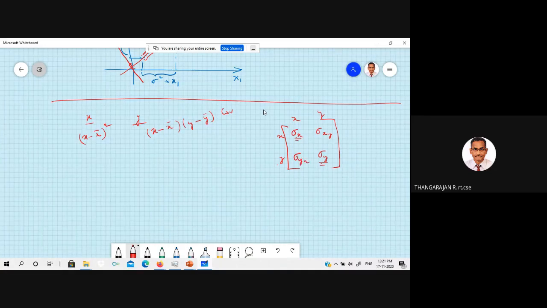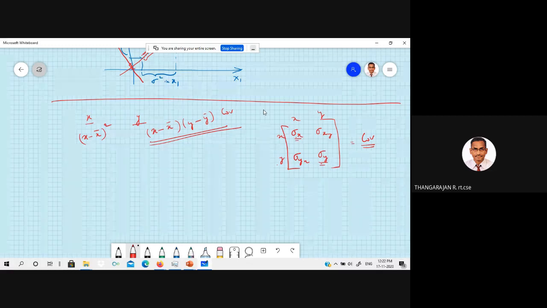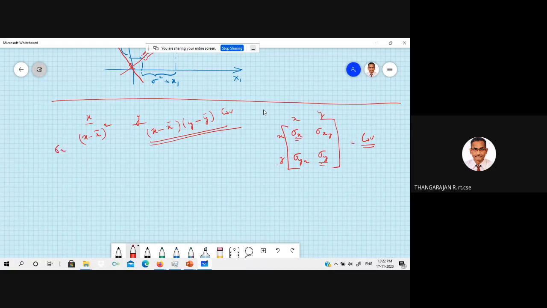So this is the covariance matrix. Finding the covariance is x minus x bar into y minus y bar, where x bar is the mean of x and y bar is the mean of y. If you do x minus x bar square, it is variance of x. If I do y minus y bar whole square, it is variance of y. And this one is the covariance of x and y.